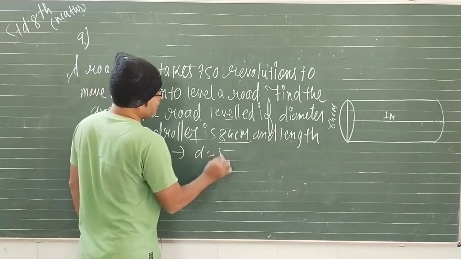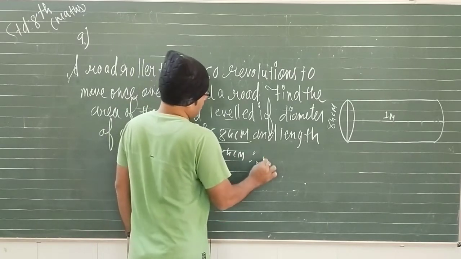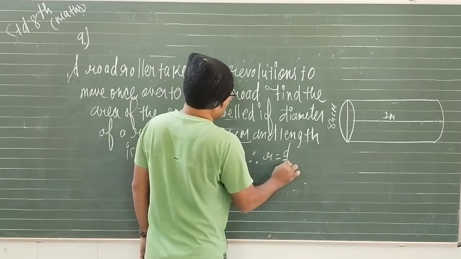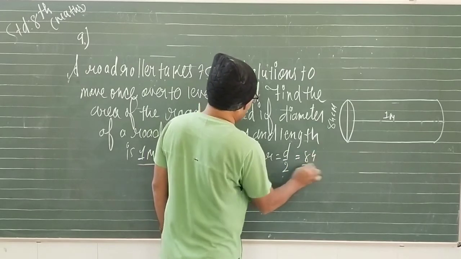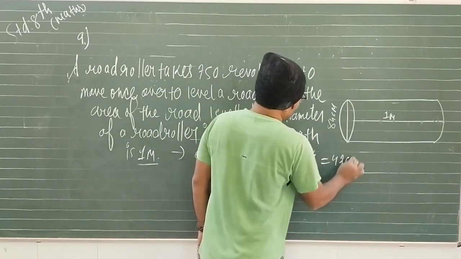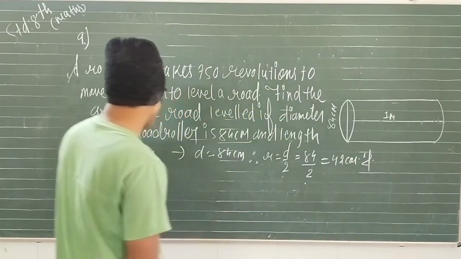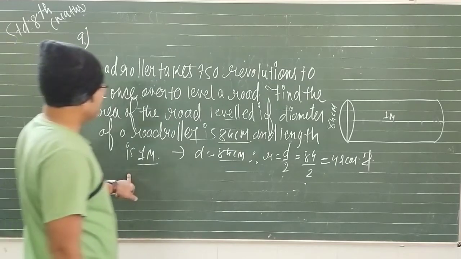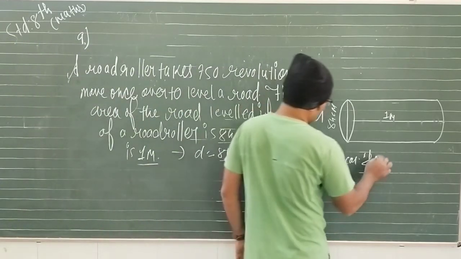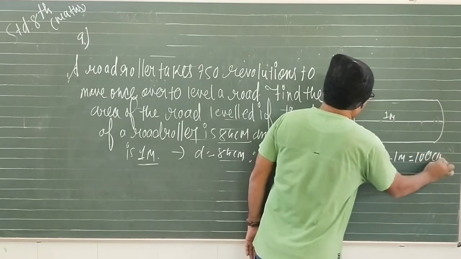See, diameter is 84 centimeter. Therefore radius will be d by 2 is equal to 84 by 2 is equal to 42 centimeter, and length is 1 meter. So h is 1 meter is equal to 100 centimeter.